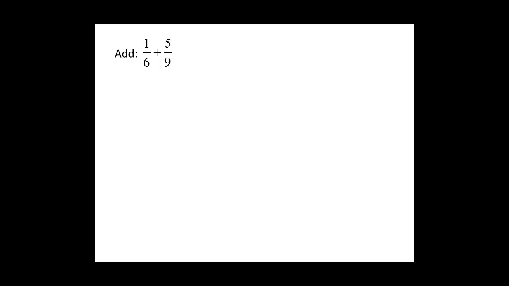Add 1/6 plus 5 ninths. We need to find a common denominator. We can do this by listing the multiples of the larger denominator. The multiples of 9 are 9 times 1, which is 9, 9 times 2, which is 18, and 18 is the first multiple that is divisible by 6.